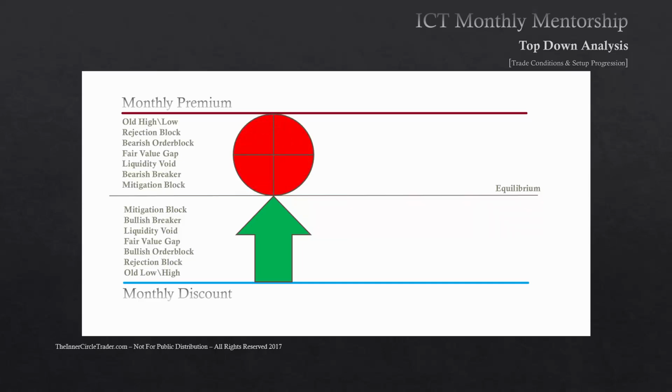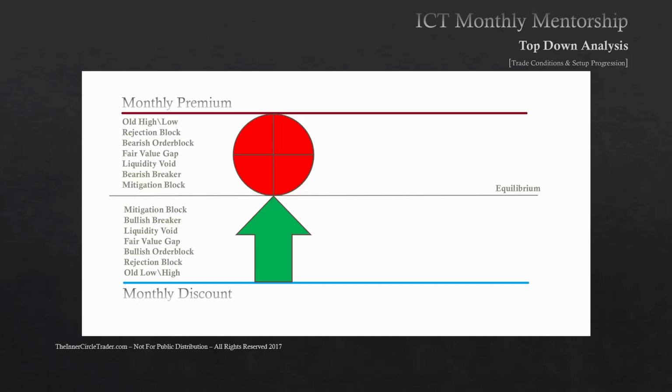Now, obviously, the first one we would be reaching for is a mitigation block. That would be a first objective. Then if there's a breaker of any kind, we would aim for that, and we'd have to weigh out whether or not there's a significant force that would drive it through a breaker. And we'll talk about that should we come to it in our example. And then obviously looking for any range to be filled in for a liquidity void, and aiming for fair value gaps in the premium range of the market.